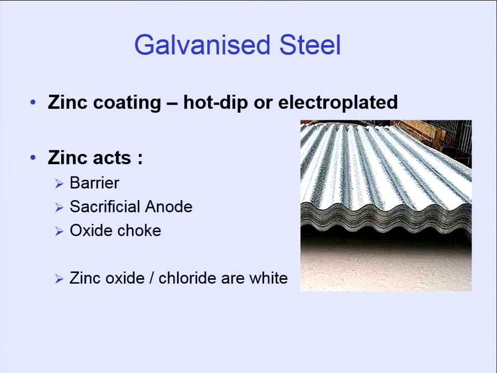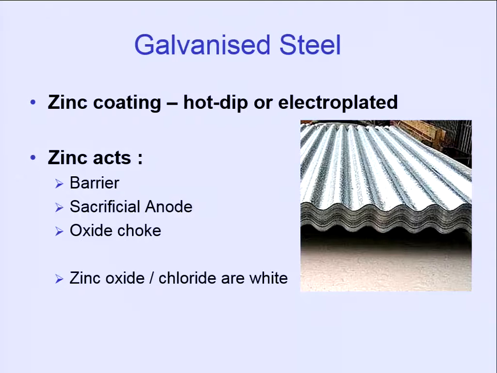What happens if the damage here is not too large, if it's something like a scratch, is that the damage chokes back up again. I think I said a while back the volume of the corrosion product is greater than the volume of the parent metal it was created from. Did I say that? If I didn't, it's important.